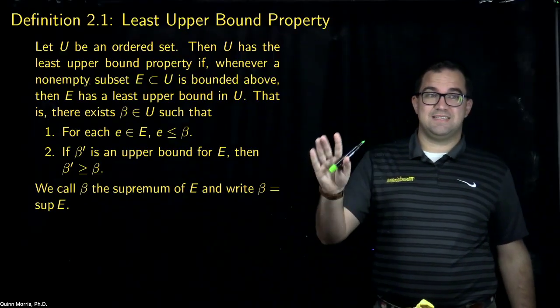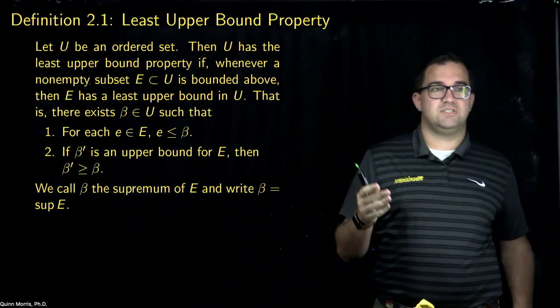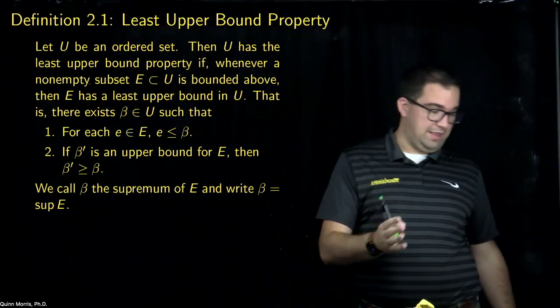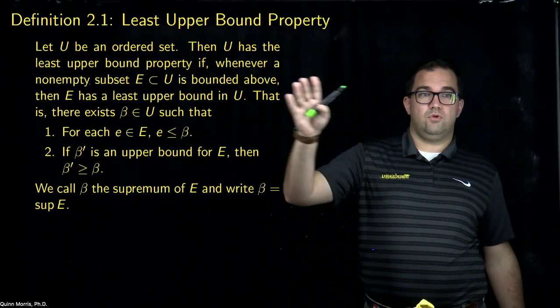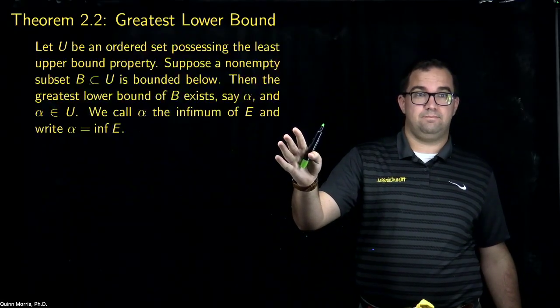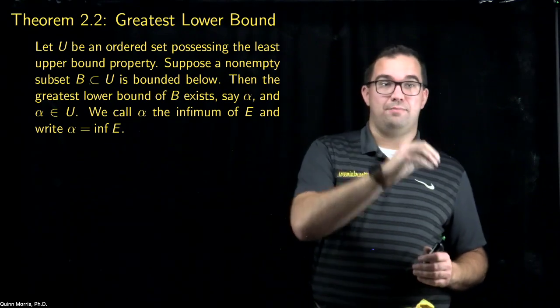Now, notice that this is a definition. I'm now going to put up a theorem, right? A definition is something we're just defining, and a theorem is something we are claiming is true. So we can look at whether or not a set has the least upper bound property. Now here's a theorem about greatest lower bounds.